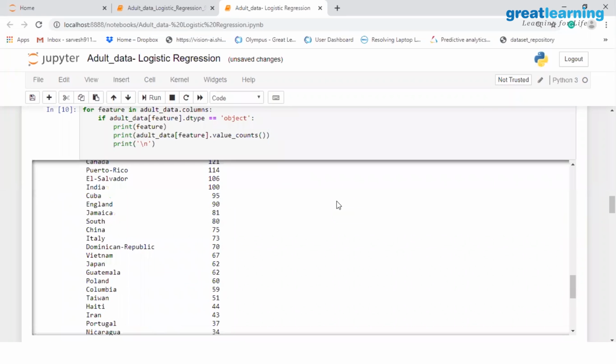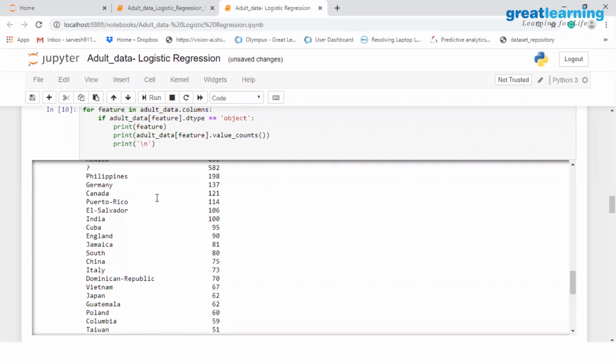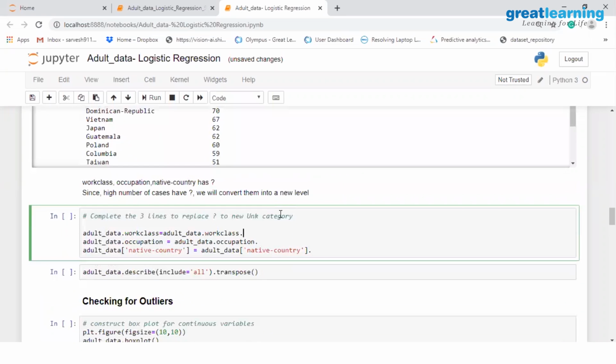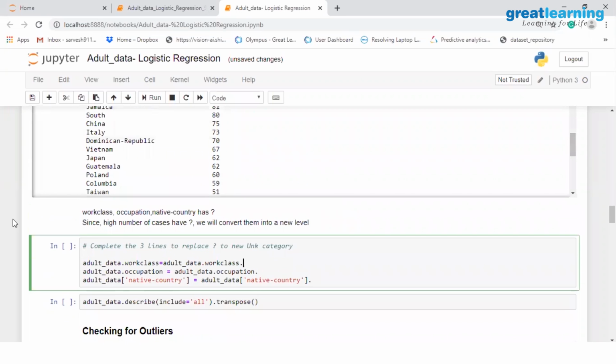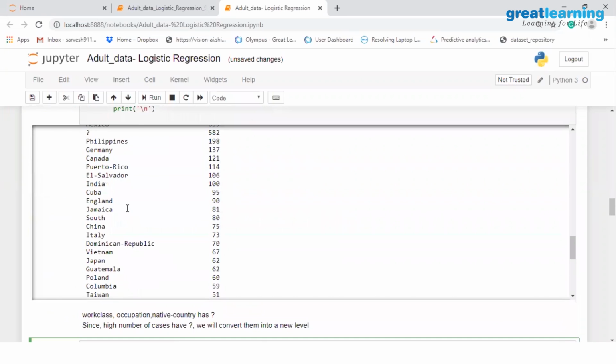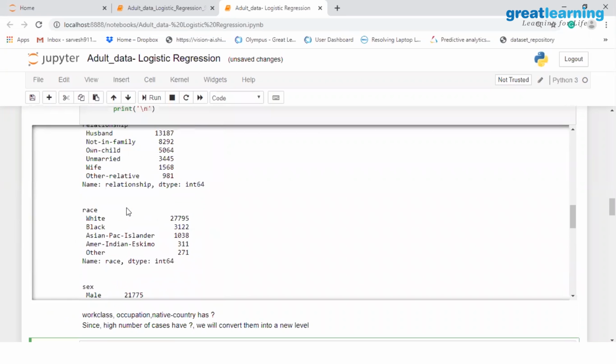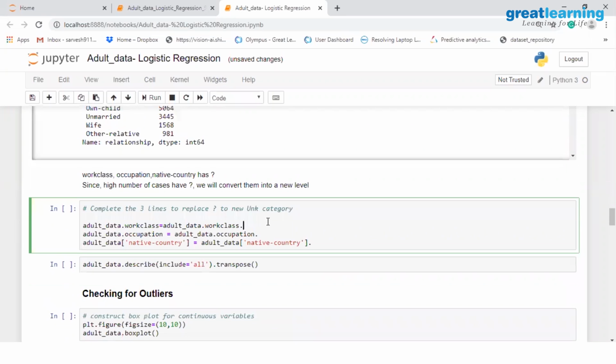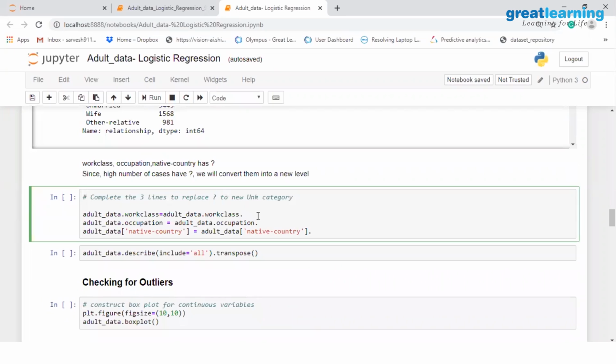Work class, occupation, and native country. First, let us treat the work class, and we'll give string replace.